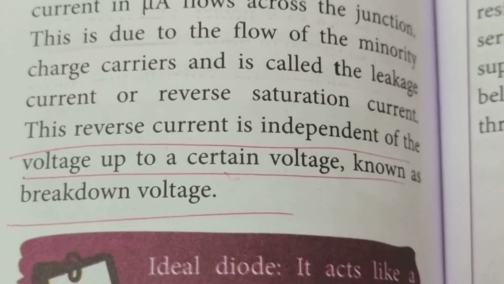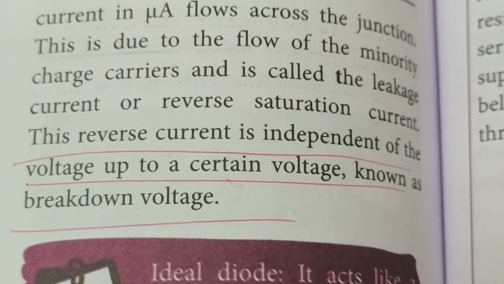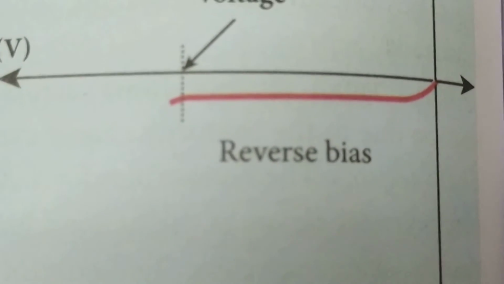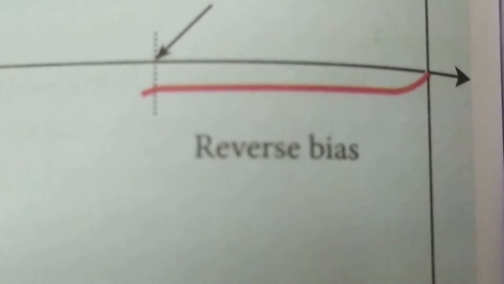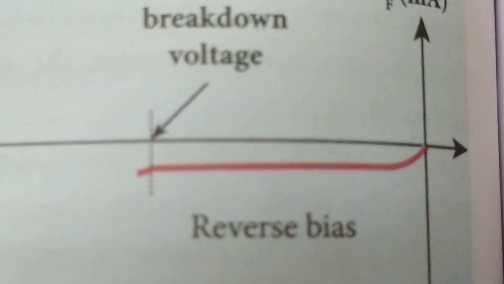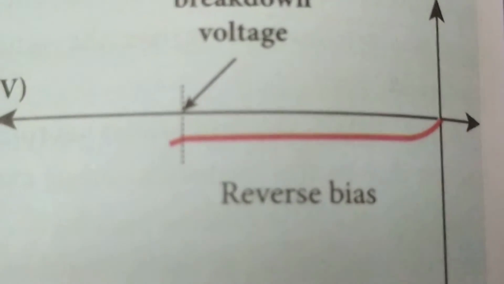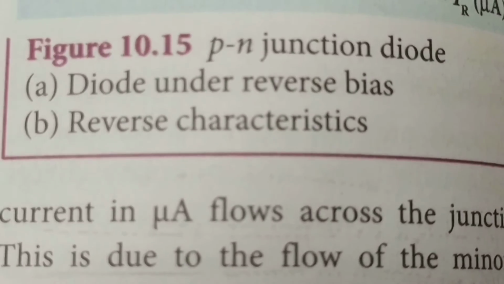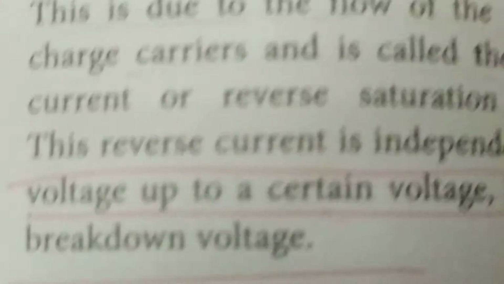So the reverse current is independent of the applied voltage up to a certain voltage known as the breakdown voltage. This horizontal line shows that. After this breakdown voltage, there is a sudden increase in the current. So these are the forward and reverse bias characteristics of a PN junction diode.